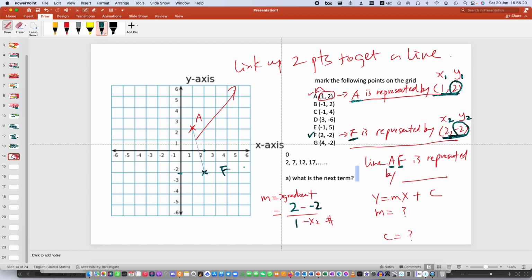What's your x2? 2. Very good. So can you use your calculator to solve this? Then you find your m already. Negative 4. Very good. So your m is equal to negative 4.